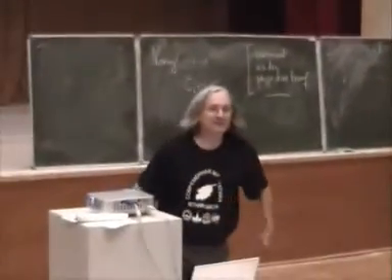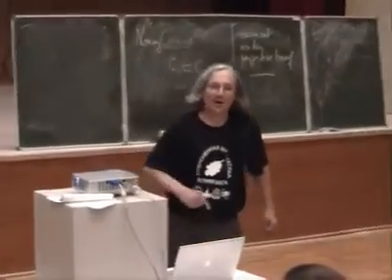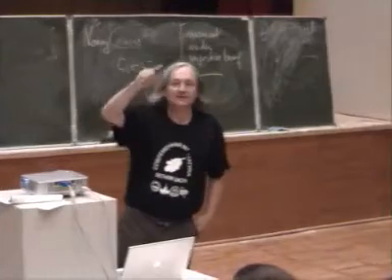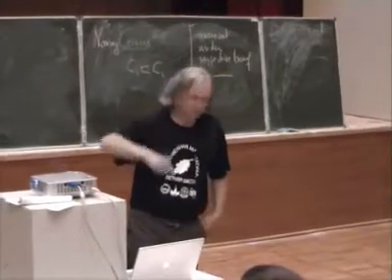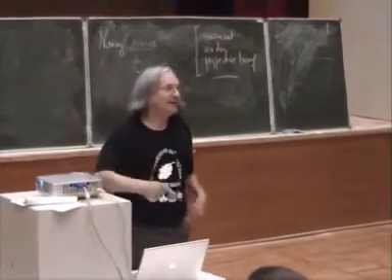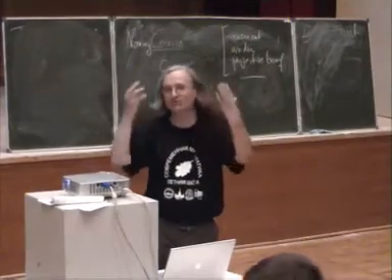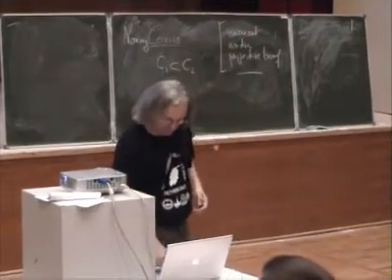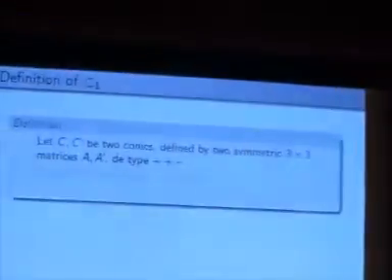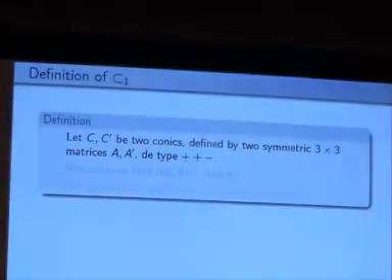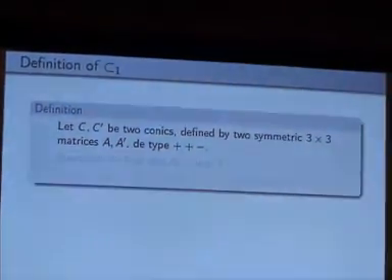Okay, so let me give you the definition of the strongest relation, inclusion 1. Again, the definition mathematically will be complete, but from the psychological point of view, it's a total mystery for me. Here's the definition. Suppose you have two conics, C and C prime. Of course, you know you can define them by equations.